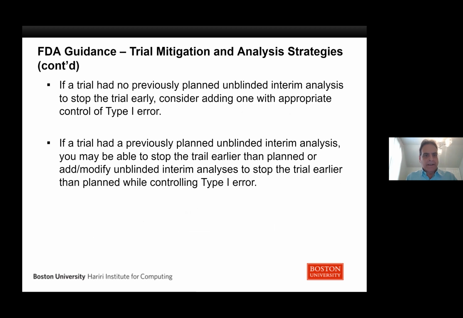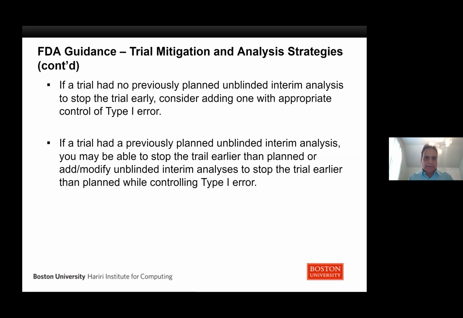Other things in the guidance: if a trial did not previously have an unblinded interim analysis to stop the trial early, perhaps you could consider adding one now due to COVID-19 and saying, all right, maybe results are looking very good and we can do an appropriate interim analysis at this point, but of course with appropriate significance levels to control the type 1 error.